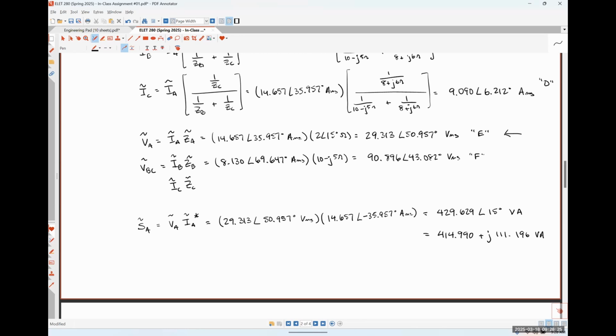So which one of those 4 numbers corresponds to the average power? 414.990. Absolutely right. So this tells us that PA is 414.990 watts. So the real part of the rectangular form is our average power. Okay.